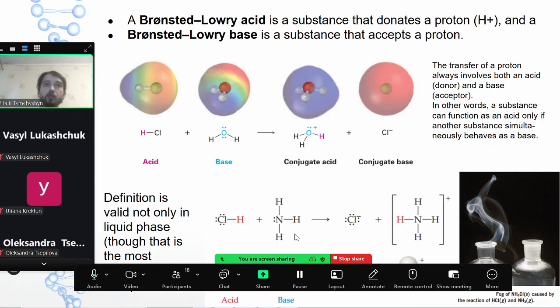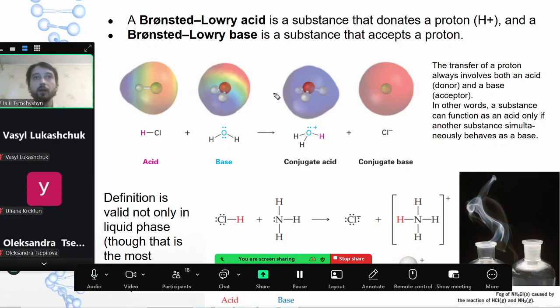In this lecture, we will use the definition of Brønsted-Lowry. So Brønsted-Lowry acid, basically the same, a substance that can donate a proton, and Brønsted-Lowry base is a substance that can accept a proton. This part is a little bit different.